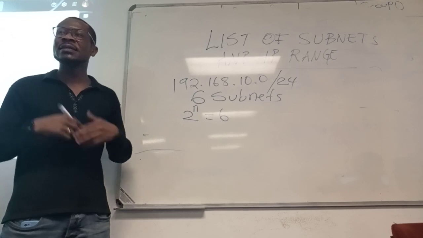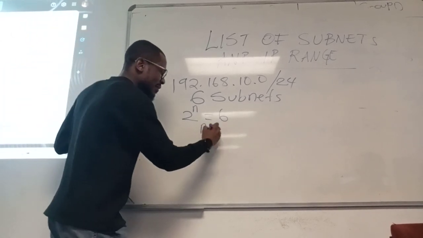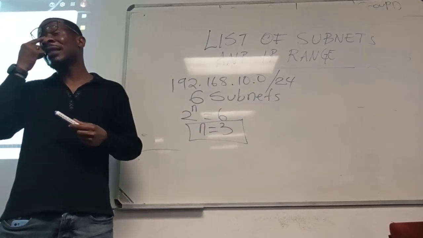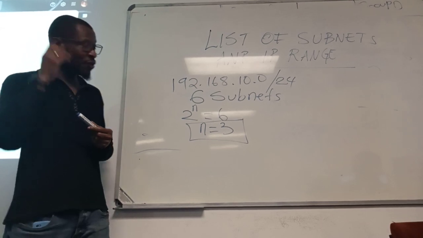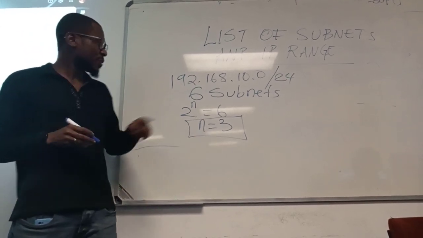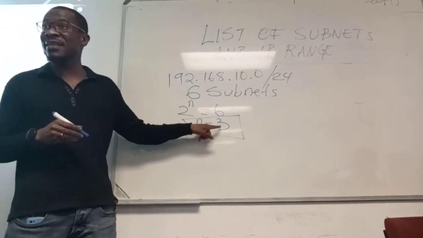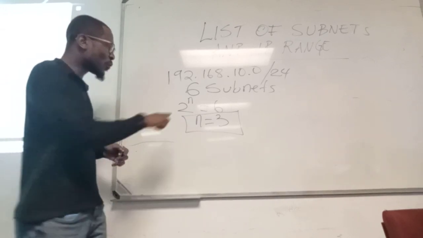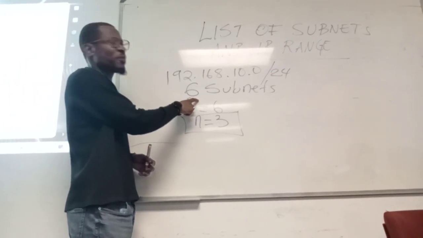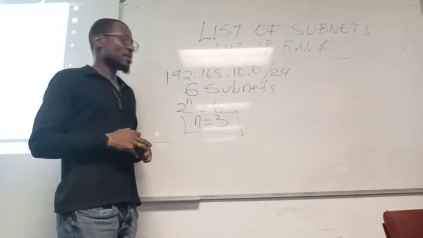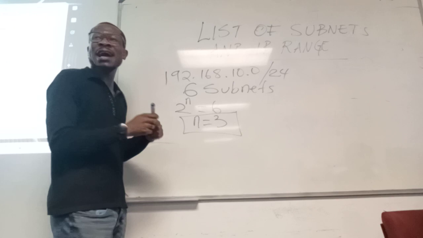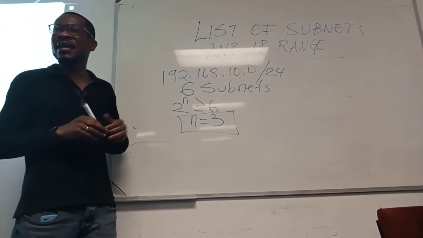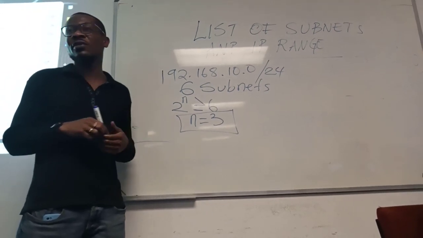So our n is going to be 3, and we are going to borrow 3 bits. Because 2 to the power of 3 is 8, and 8 is over 6, so it's better to go for 3. If you put 2, you get 4, and 4 is less than 6. We want a number that is more than or equal to 6.